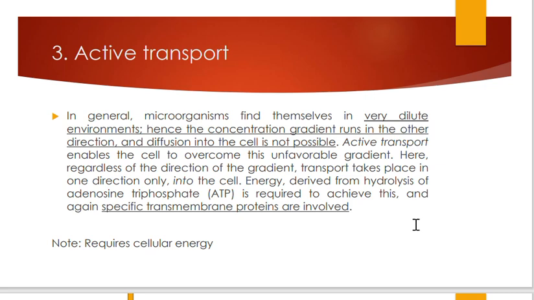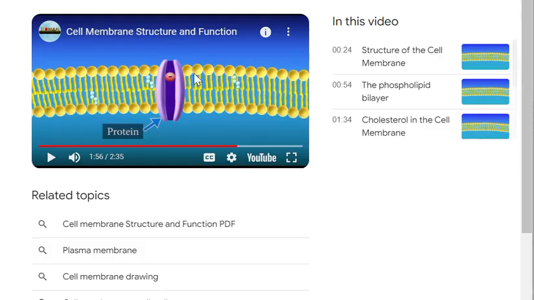Okay, so again, active transport requires cellular energy in the form of adenosine triphosphate. Okay, so I hope you can remember the different ways on how nutrients are transported in the cell membrane, as well as this figure here para mas maintindihan nyo. Okay?